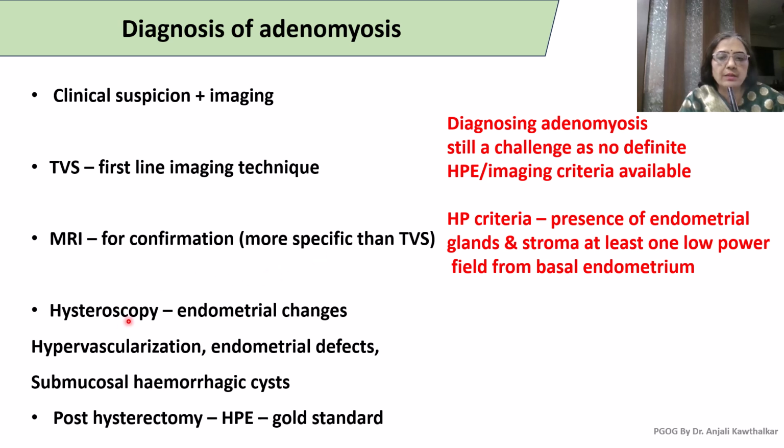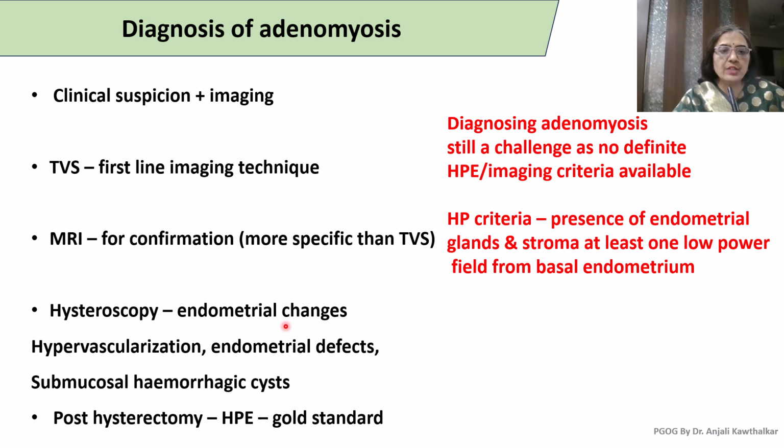Now, another addition to the diagnostic tools is hysteroscopy. That is very interesting, as we use more and more hysteroscopy, especially for a woman having infertility. What has been observed is that hysteroscopy also helps us to identify the group of women who are likely to have adenomyosis.